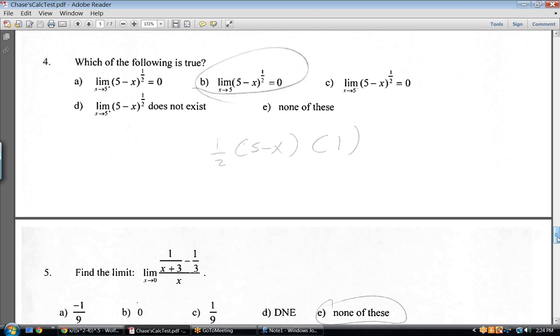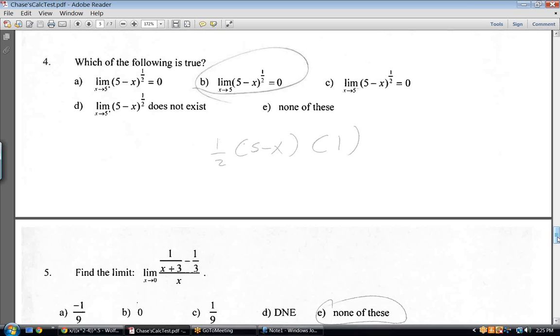This is the one I had issues with. Yeah. B is true, at least that's what Wolfram Alpha told me. A, you can't approach x from the right side of 5. Right? Yeah, because then you'd be taking the square root of a negative number.